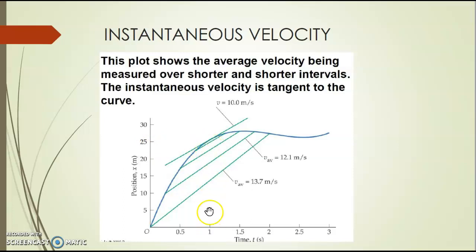Okay, on this graphical representation, it seems like at 1 second, our instantaneous velocity hits 25 or around 25 meters. Okay, so at that instant, we have 25 meters as our position. Therefore, we can solve for the instantaneous velocity.